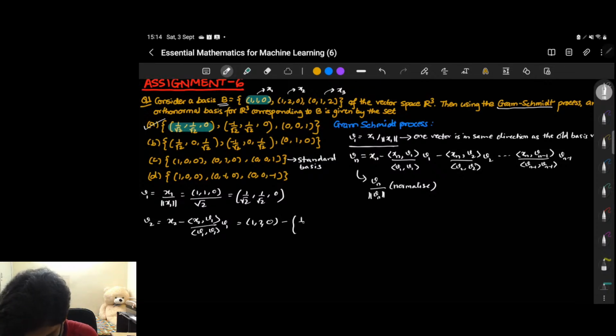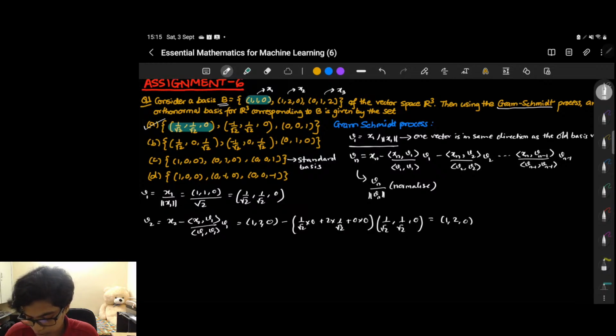So the dot product would be 1 over root 2 times 0 plus 2 into 1 over root 2 plus 0 into 0, in the direction of V1. So that's (1/2, 2, 0) minus 3/2 (1, 1, 0). So that's (-1/2, 1/2, 0).